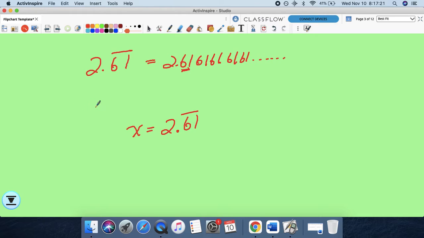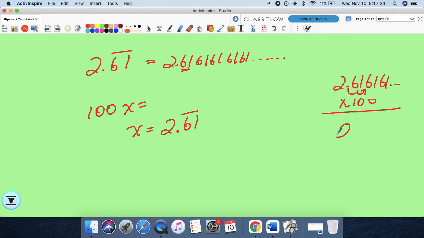So 100 times x is 100x. If I take 2.61616161 repeating and multiply that by 100, the decimal moves 2 over. So my answer is 261.616161 forever and ever, or 261.61 bar notation.